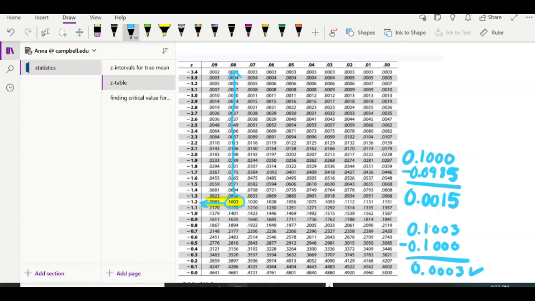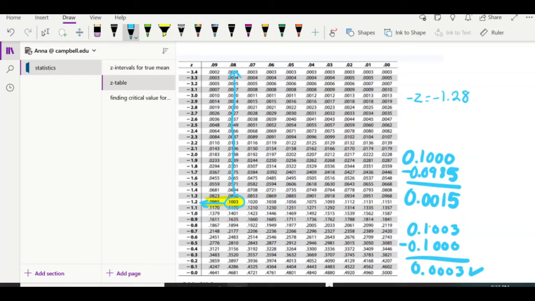So add those together, and our negative z equals negative 1.28. Now we know, just based on the principles of the normal distribution in the bell-shaped graph, that our negative z and our z are just going to be negative and positive versions of each other. So we know that z will be 1.28 just by the laws of symmetry.